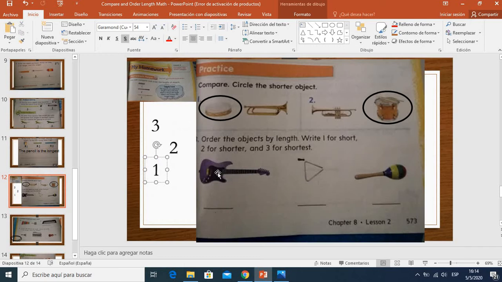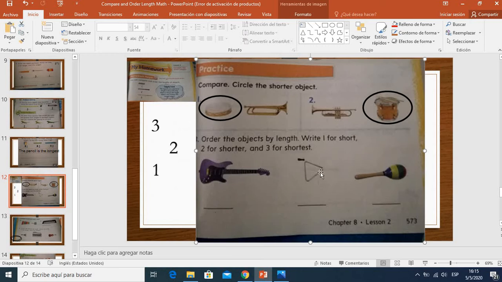We have an electric guitar. We have a triangle. This musical instrument is called triangle. And we have maracas. There's only one maraca, but we usually use two to play them.